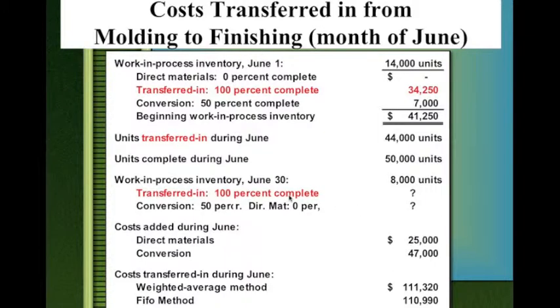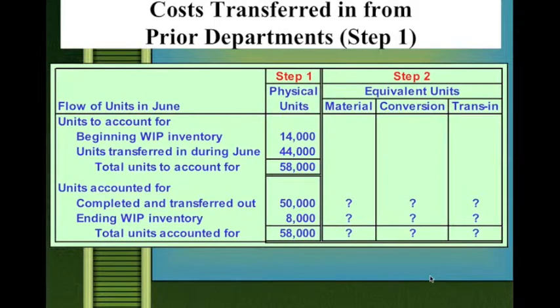Okay, so cost added in June and cost transferred in during June in two different cost methods. Just starting by looking at the physical units, we have a beginning WIP of 14,000, transfer in of 44,000, then we have completed and transferred out 50,000, ending WIP 8,000.